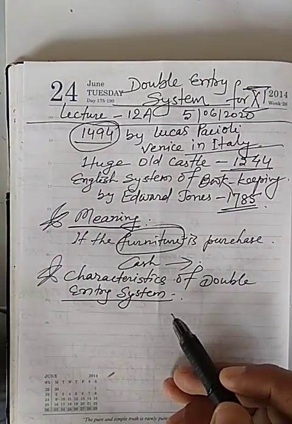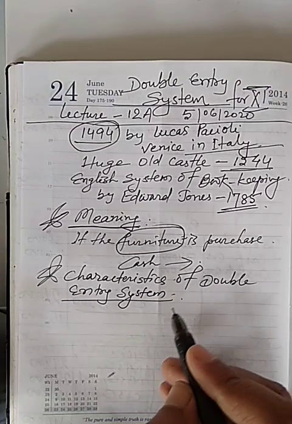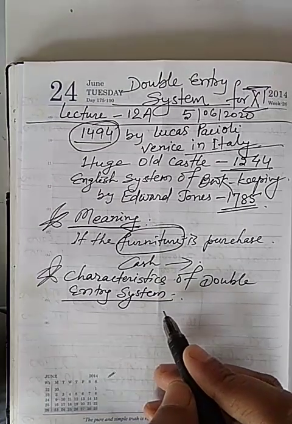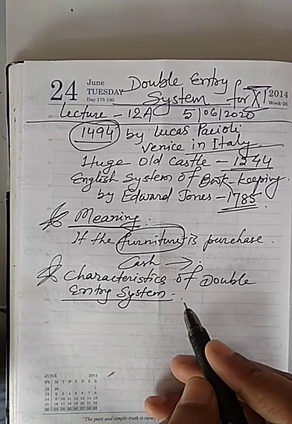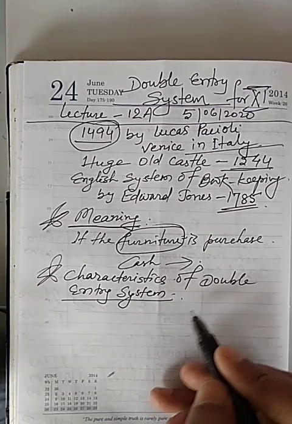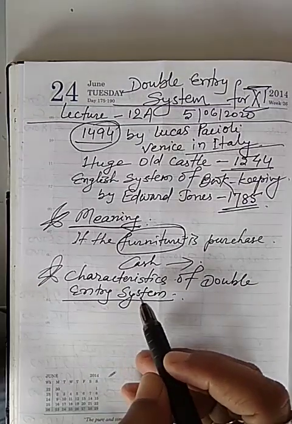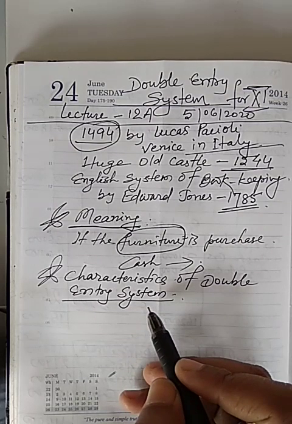Double entry system is based upon the principle that every debit has a credit and every credit has a debit.